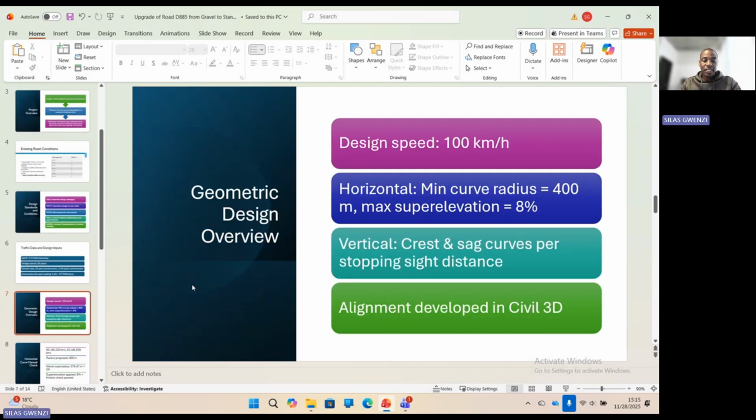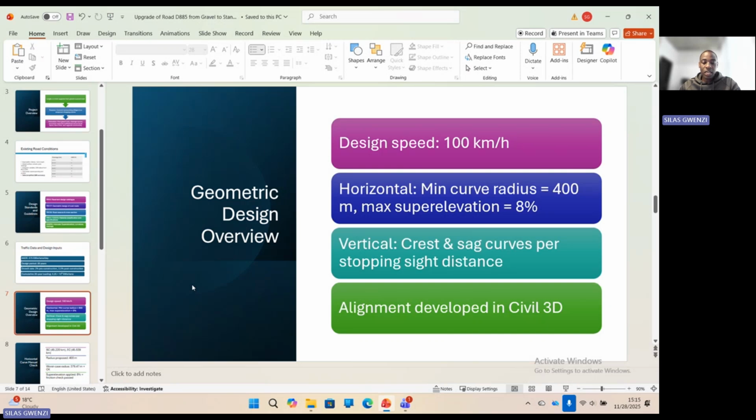The traffic data and design inputs. As we know, traffic plays a key role in pavement selection, and the annual average daily equivalent traffic at the start of the design period is 375 E80s per lane per day, and the design period is 20 years with a pre-construction growth rate of 2% and a post-construction growth rate of 3.5%.